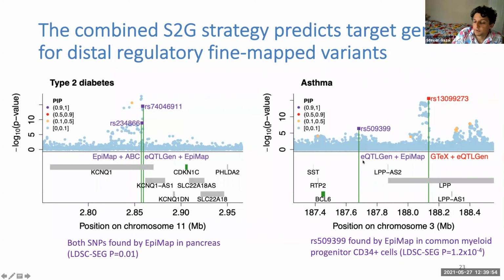Again, what was interesting to observe here is that this SNP was found in an EpiMap enhancer in CD34 plus cells, which is a strong candidate cell type in asthma. So here again, using our framework, we have been able to go from GWAS signal to causal variant, target gene, and cell type of action.